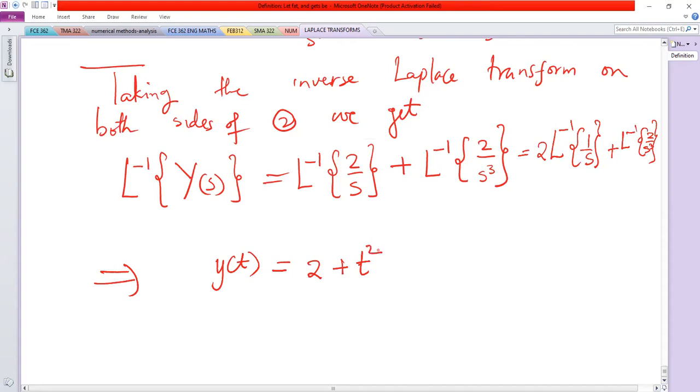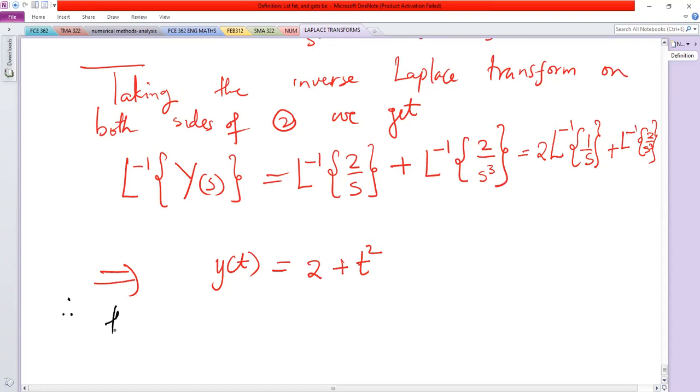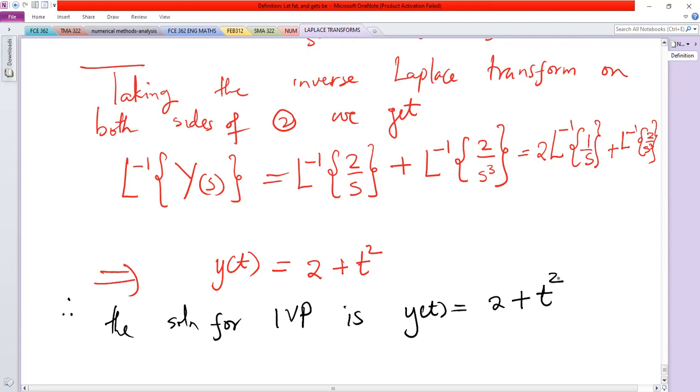So that becomes the solution to the given equation. Therefore, the solution for the initial value problem is y of t equals 2 plus t squared. So that's how we work out that problem. Thank you.